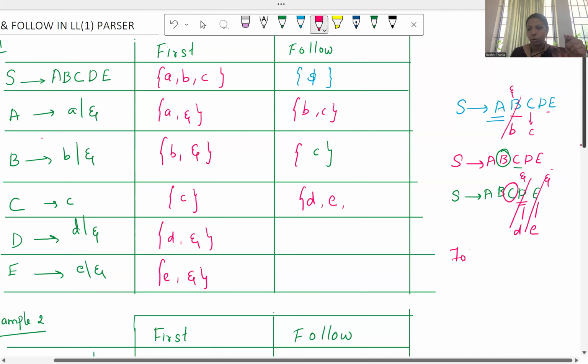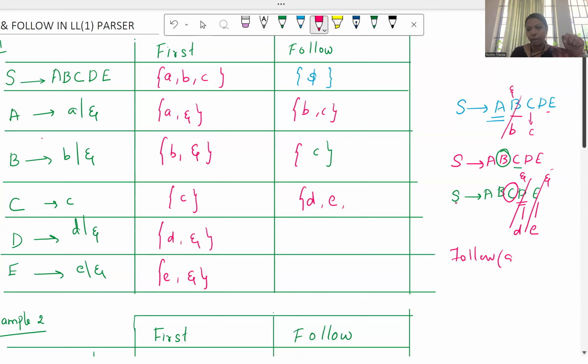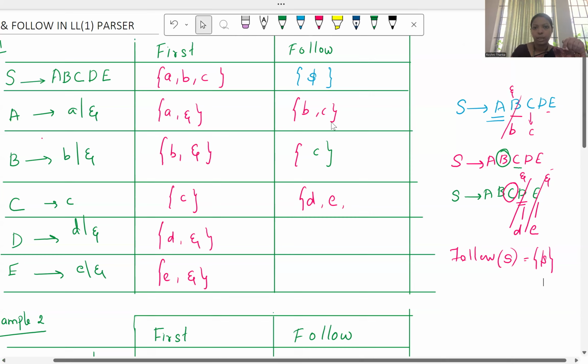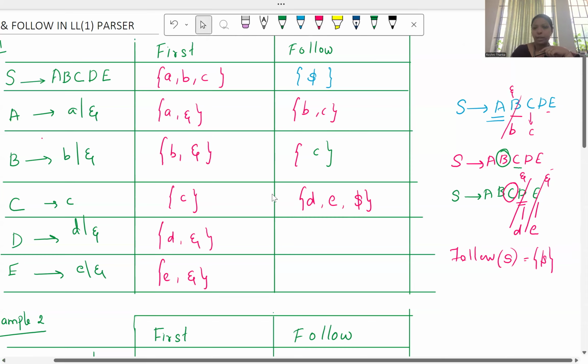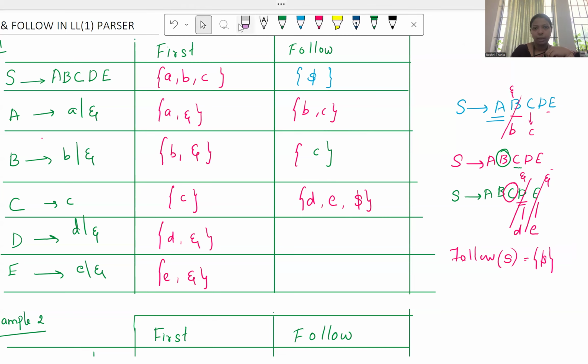So what is the follow of this production? Nothing is coming. So we take the follow of the left hand side. In the left hand side, we have capital S. So who is follow of S? Follow of S is dollar. We have already found it here, right? So we have to include that here. If you have any doubt, once again rewind it and look at it again. So we have done it.